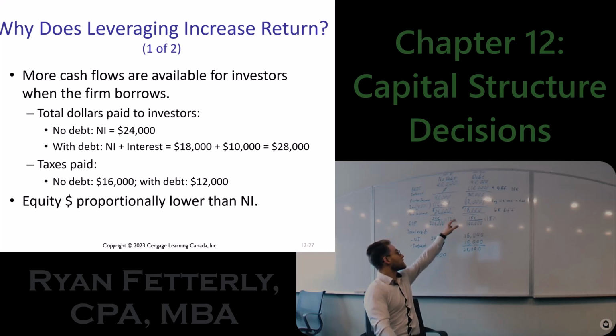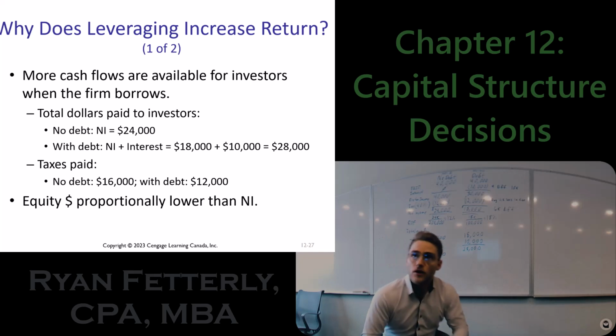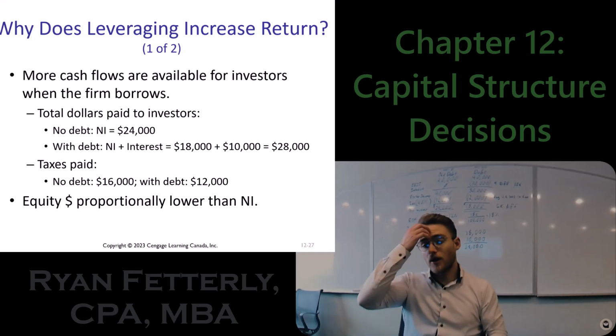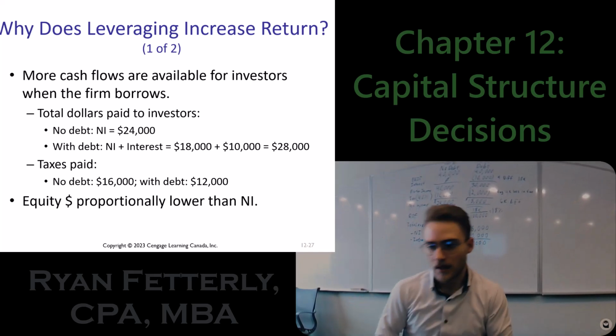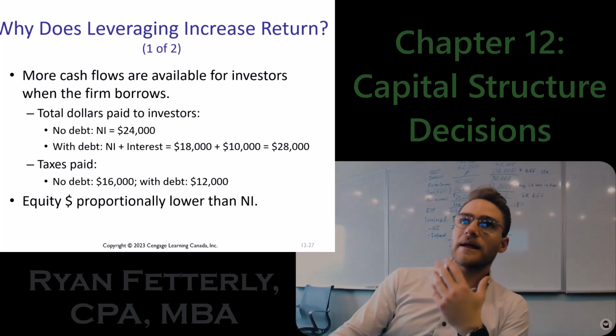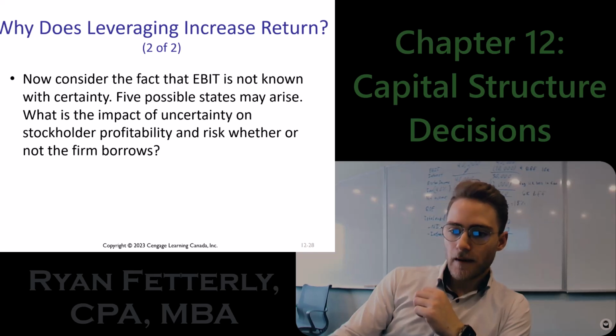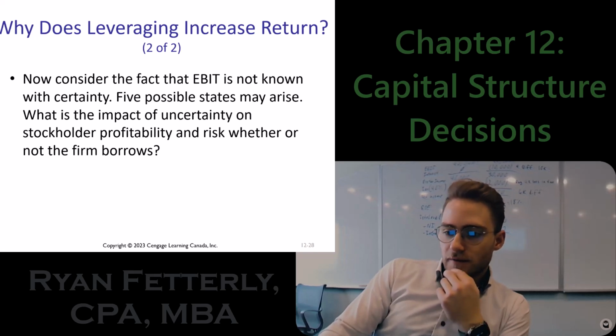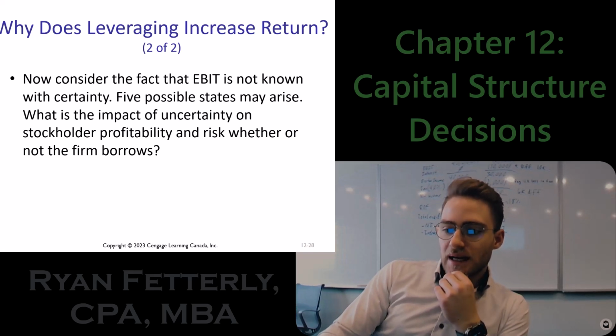But we only decreased net income by 6,000, right? So in that case, obviously that really cranks up the return on equity, right? This is the benefit of bringing in debt to our capital structure. Now consider the fact that earnings before interest and tax is not known with certainty, right?